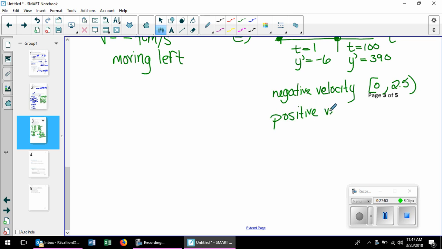And positive velocity, is 2.5 included? This is the big debate. Is 0 positive? I love it. It has been classified. I wouldn't include it because it's 0, so those would be my brackets.